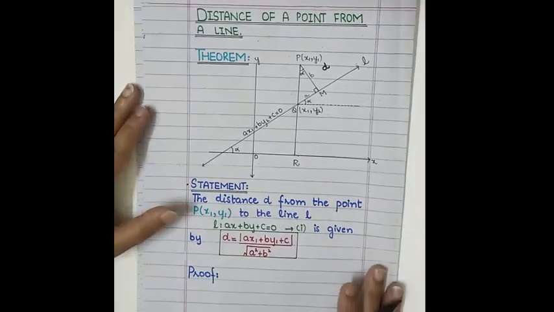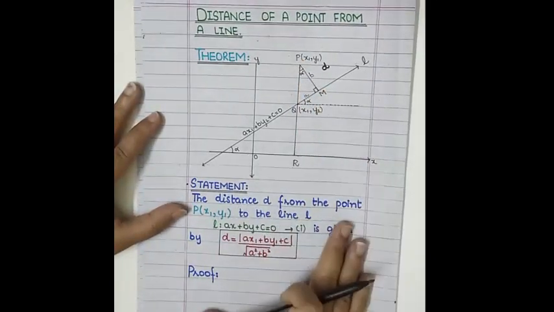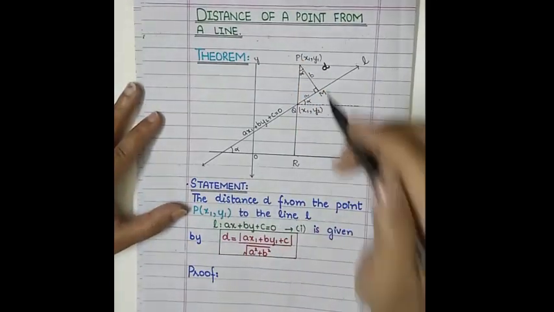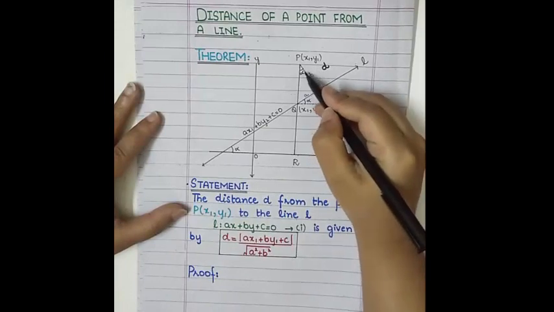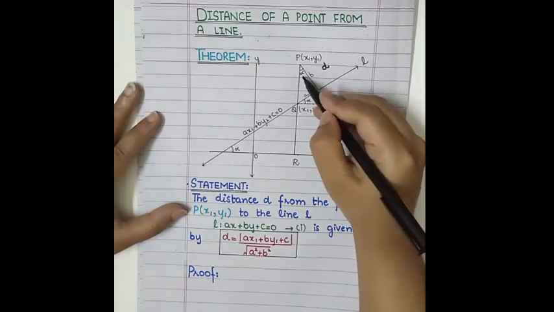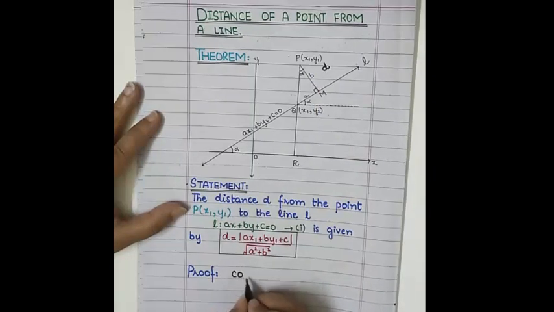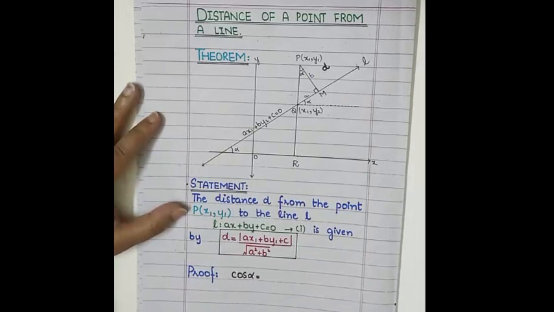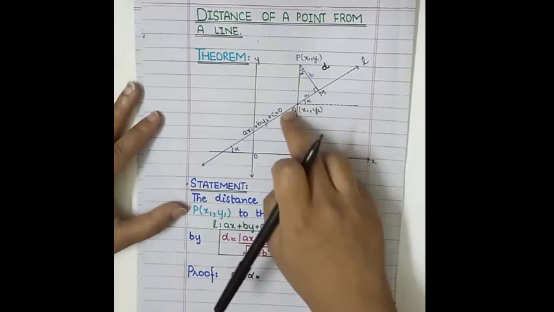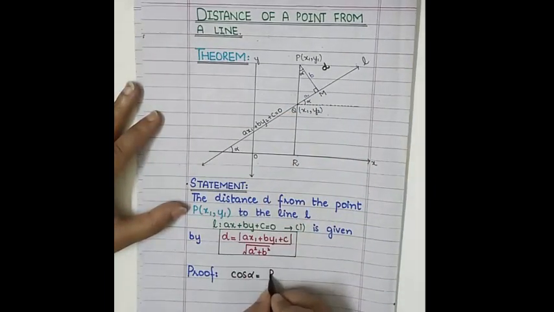Since in this diagram we have to find a side which is adjacent to this angle, we will use cos alpha. Now cos alpha is equal to PM over PQ.